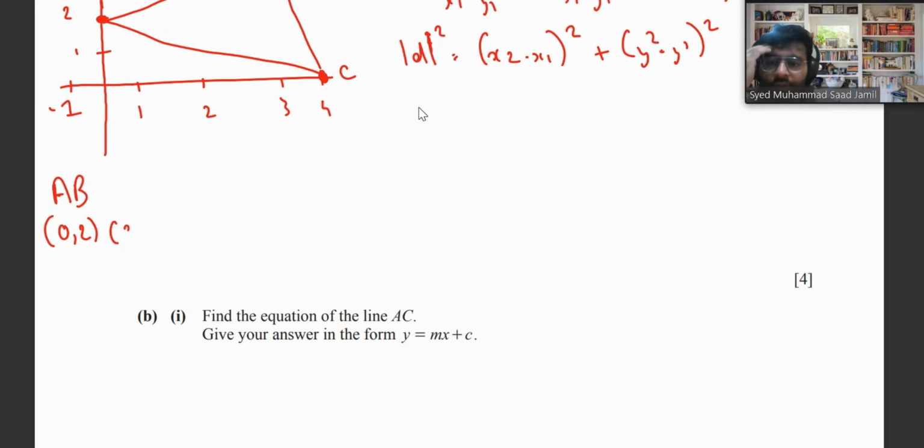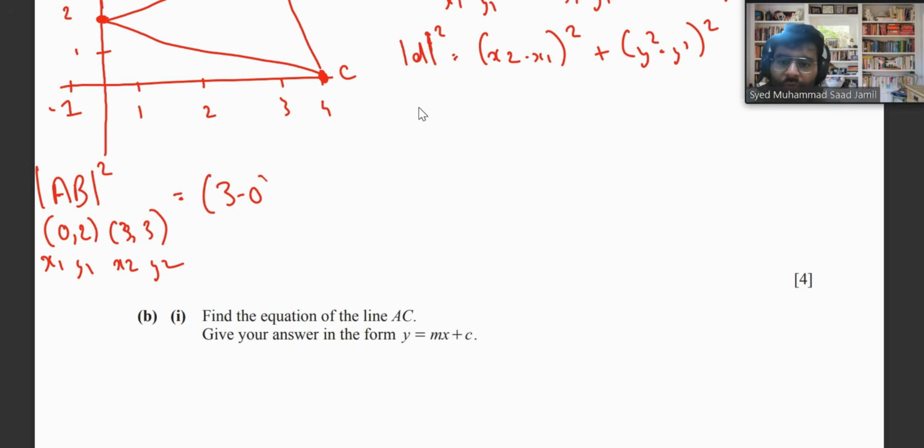So this becomes 3 minus 0 whole square plus 3 minus 2 whole square. So this becomes 9 plus 1, so this is 10.